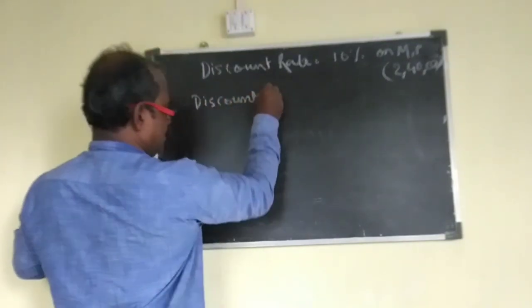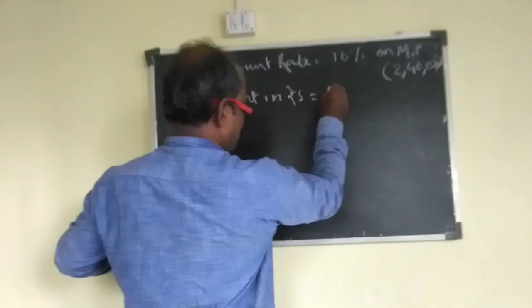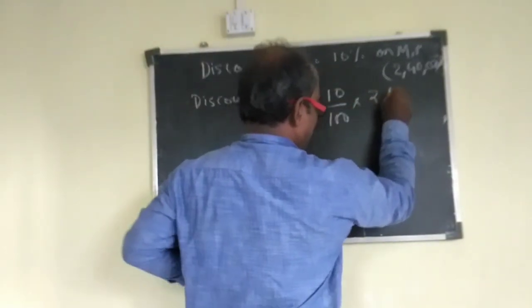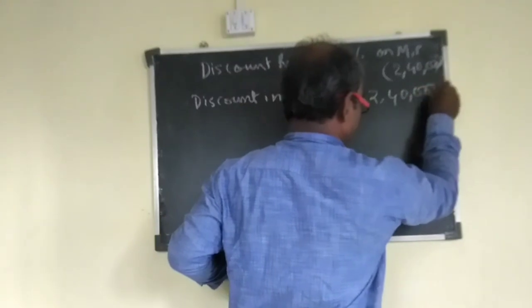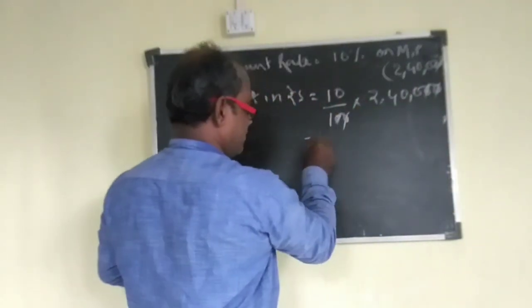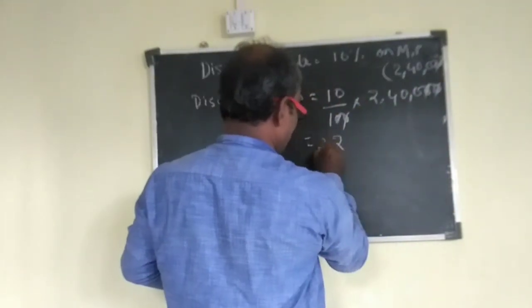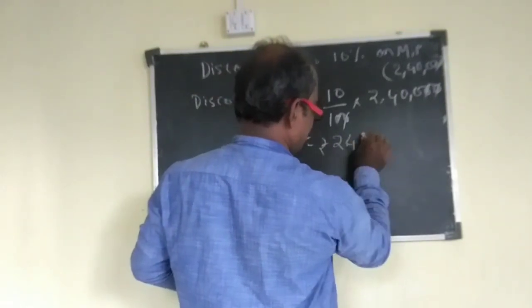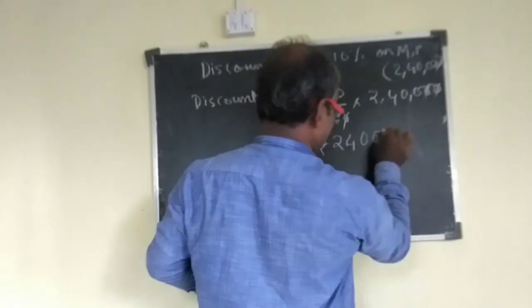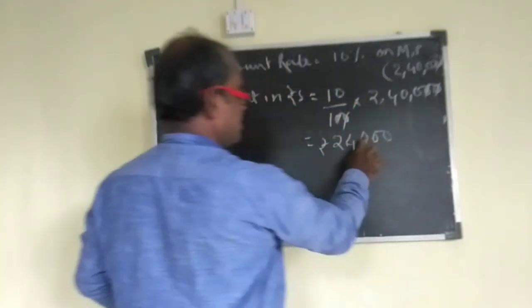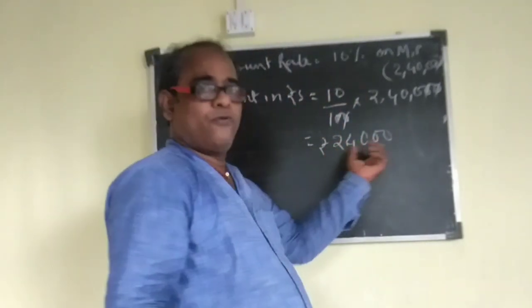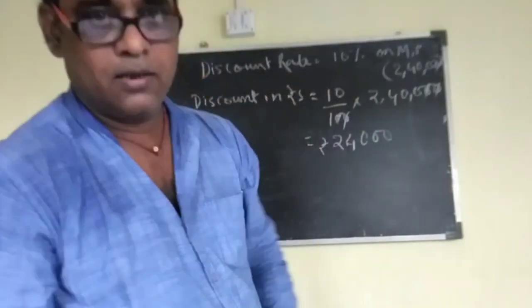Discount in rupees is equal to 10% of 2,40,000, which is equal to 24,000. That means he is giving discount of rupees 24,000 to a consumer.